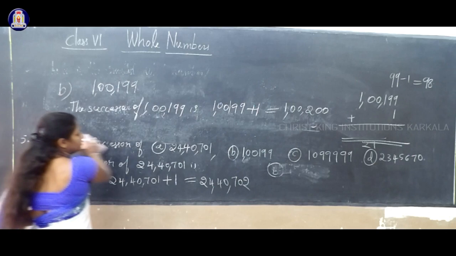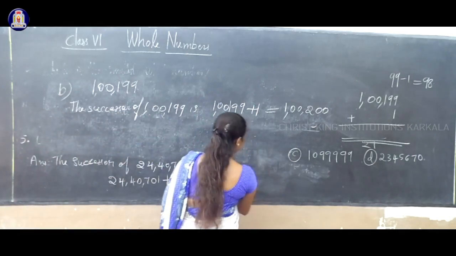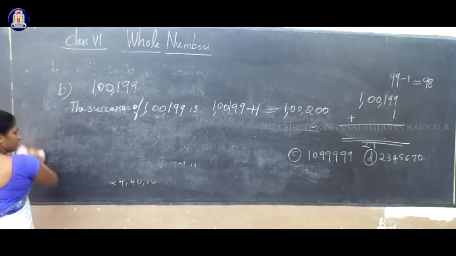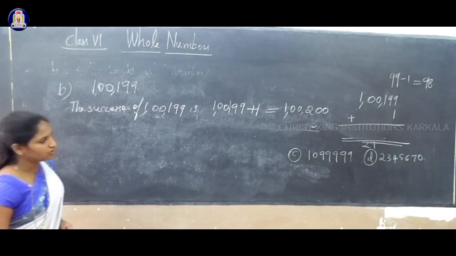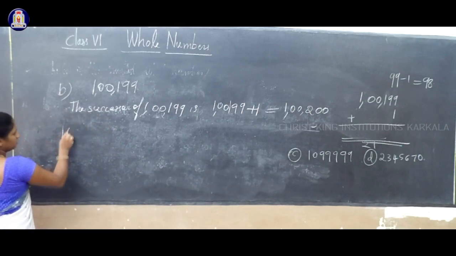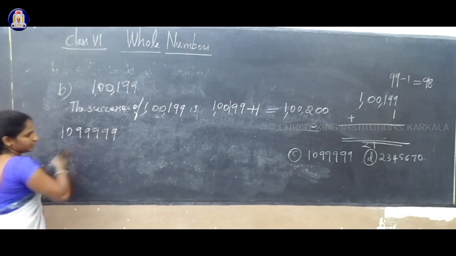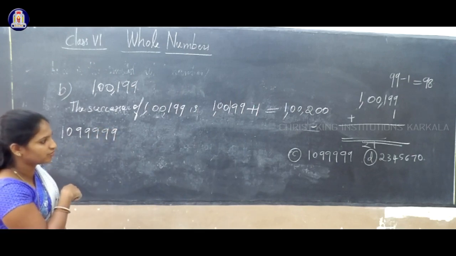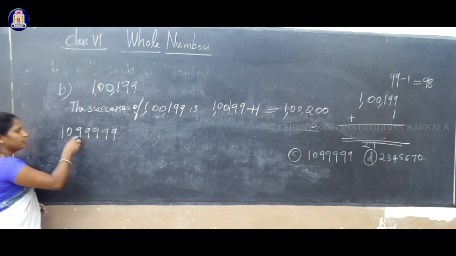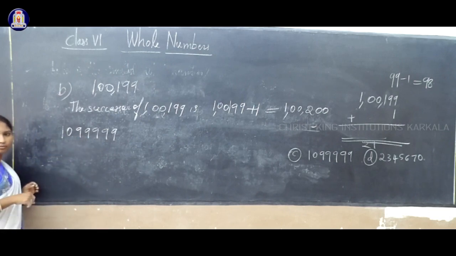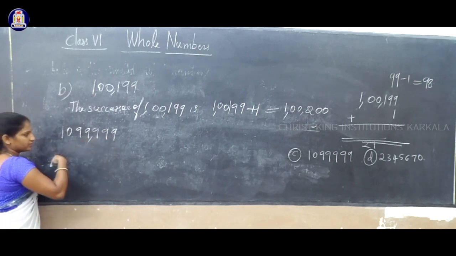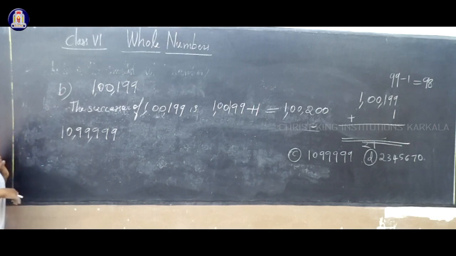So now the third one. What is the third one? See, 1099999. How many 9s? 1, 2, 3, 4, 5. So first you insert commas. Here after 3 digits, then after each 2 digits.